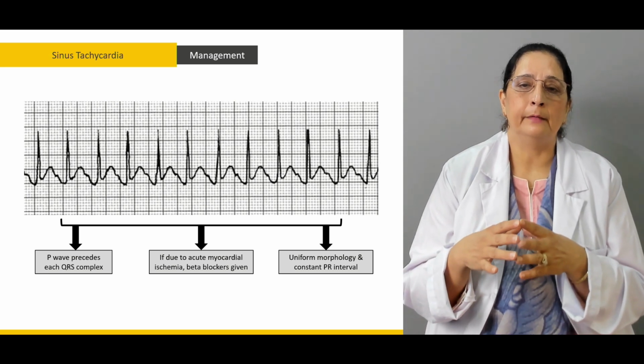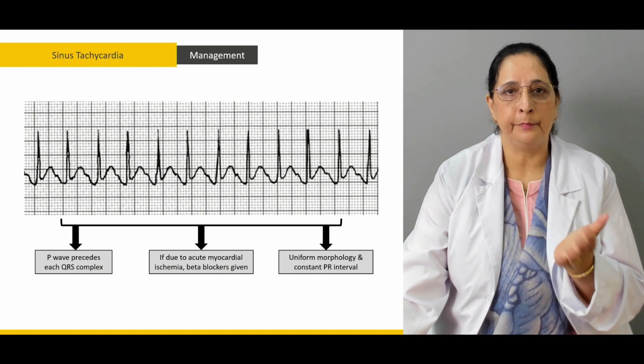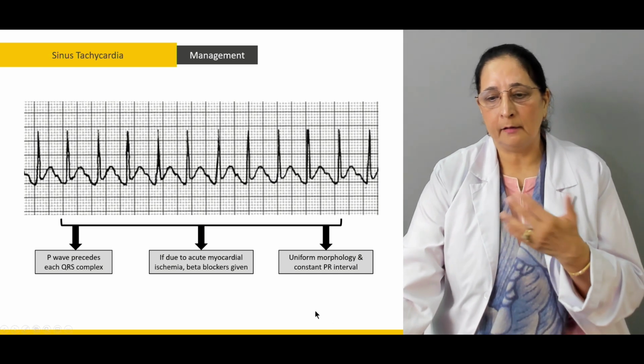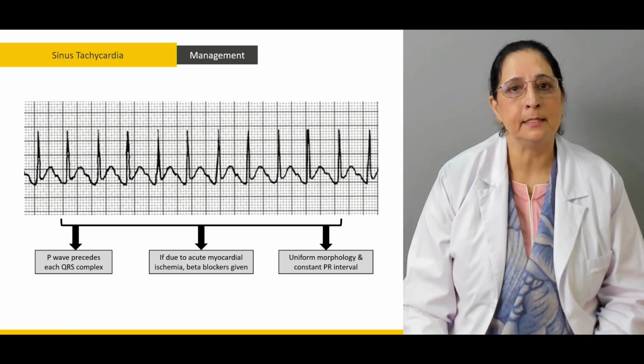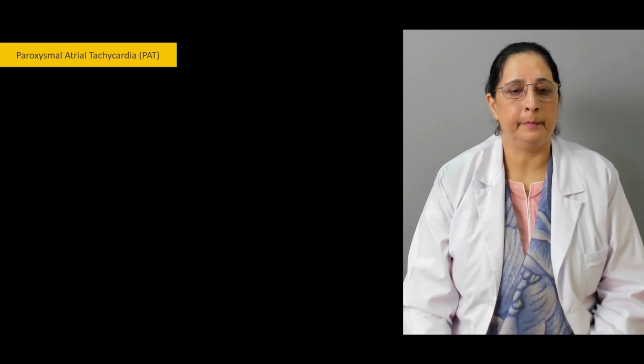If the cardiac cycle is normal, each QRS is preceded by a P wave, and there is a normal constant PR interval. So the findings are almost the same as the normal EKG.